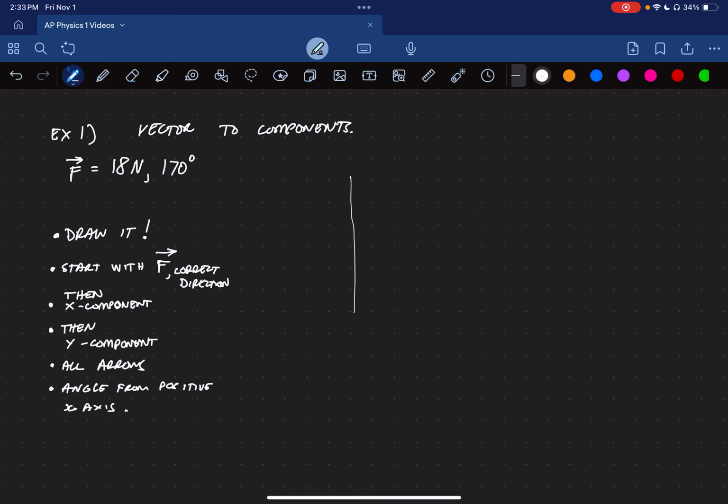So let's draw a coordinate system. 18 newtons, okay, but it's at 170 degrees, which is about right here. This would be 170 degrees. This is our force vector. Now let's draw our components.